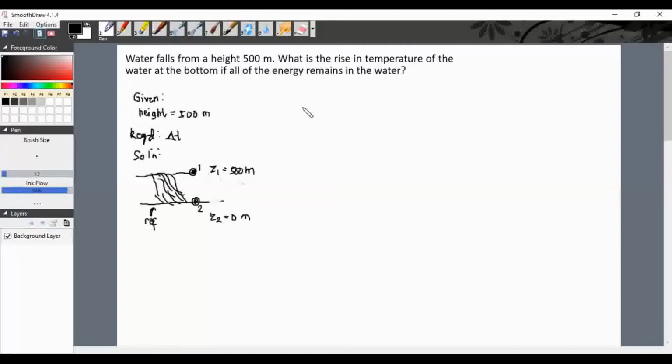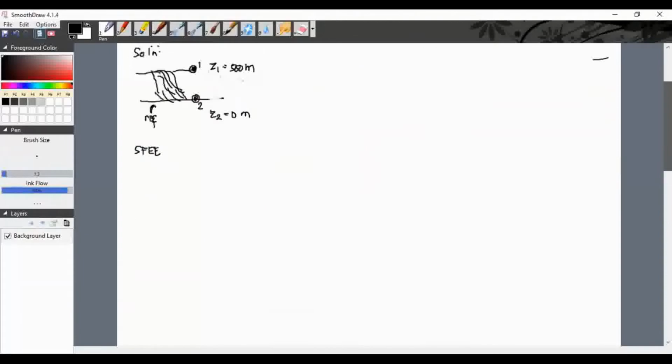We will use the steady flow energy equation, so we make an energy balance equation. It says energy in minus energy out is equal to the change in energy within the system.